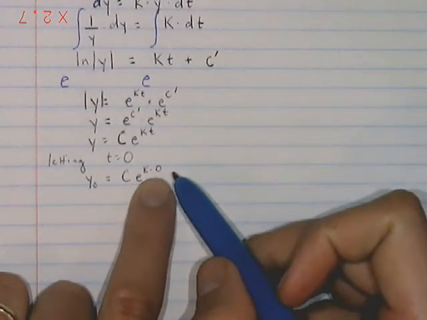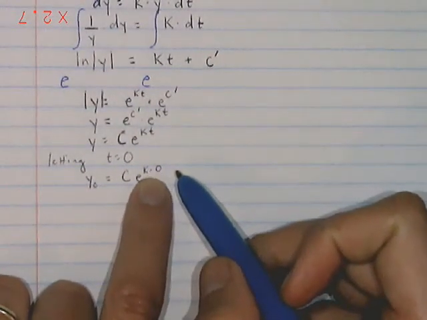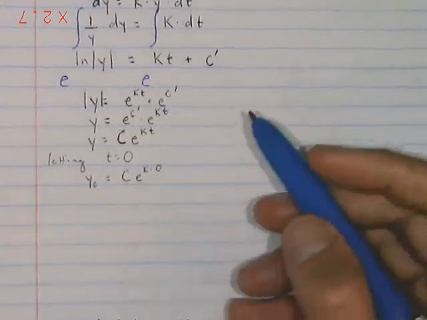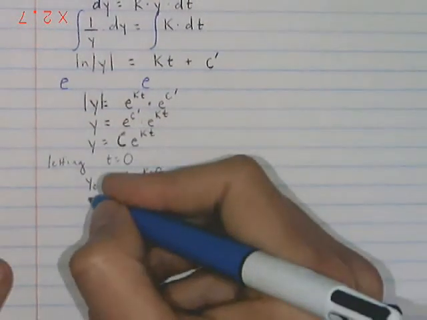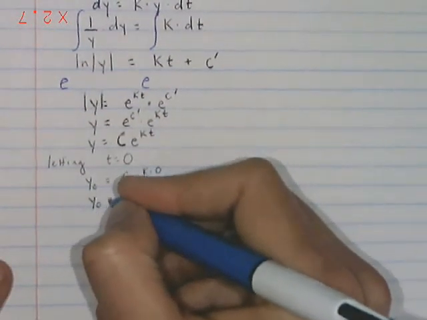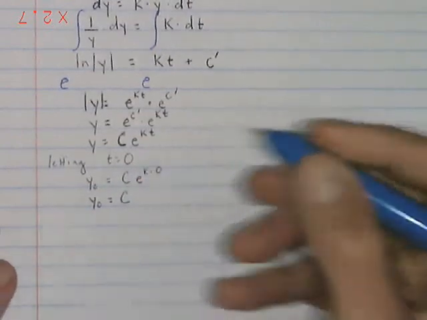E to the k times 0 is e to the 0, meaning the 0 power is of course 1. And so y naught is exactly equal to C.